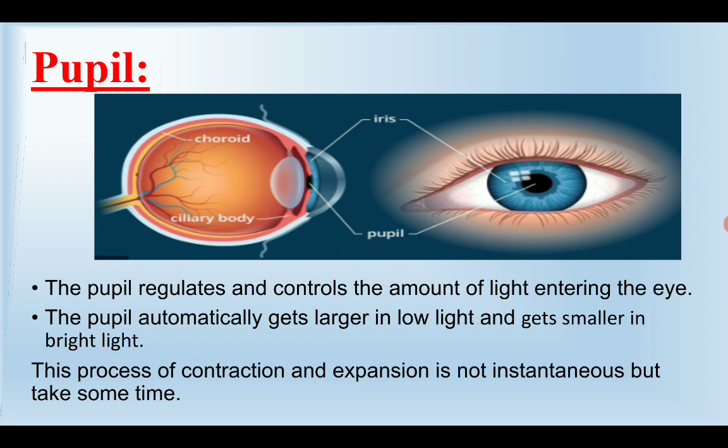Similarly, the vice versa happens when we go inside some dark place. In that case, the pupil is expanded by the iris so that maximum light can enter the eye and we are able to see things clearly.